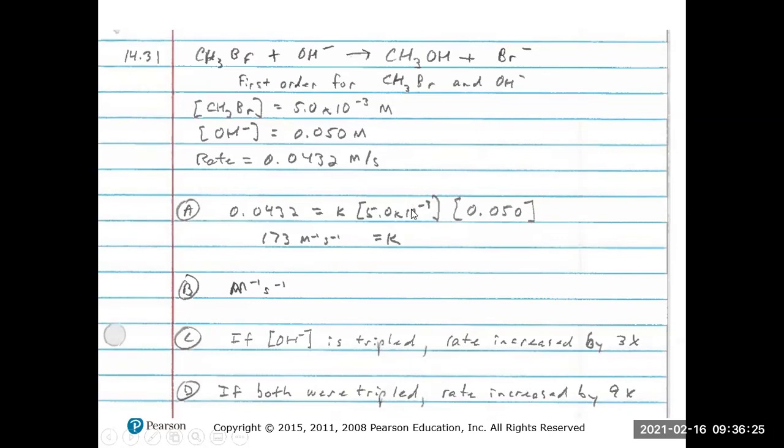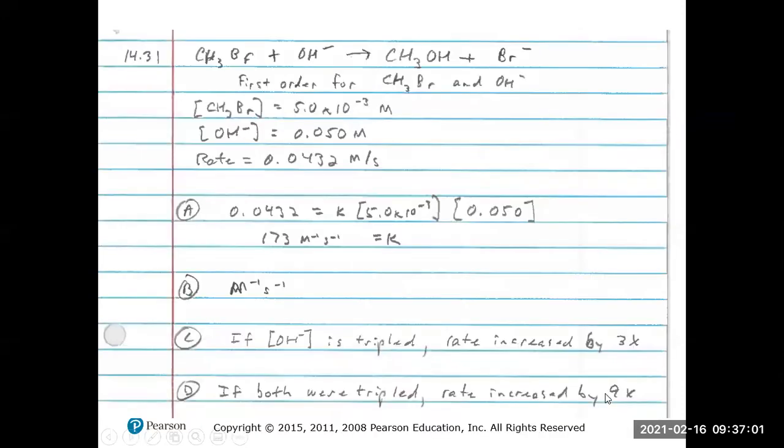If we cancel things out, the units of this rate constant would need to be 1/molar seconds in order to cancel out on the right-hand side and match molar per second. Writing out the units to get comfortable with that is good, to make sure that you have things in the right units.